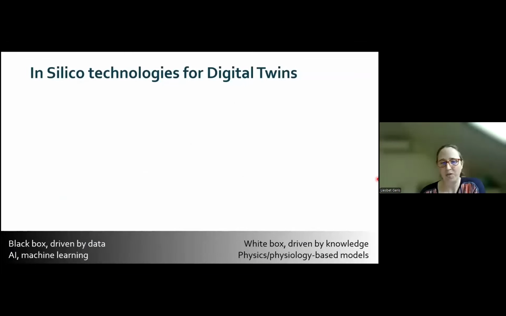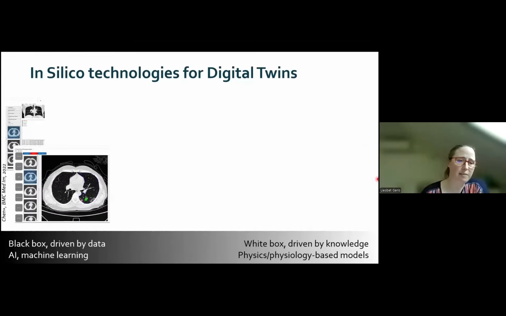Now, I already mentioned AI, and I mentioned also other technologies. Just to make a point here, in silico technologies are a spectrum. They can go from really data-driven black box models, that's the classical AI machine learning, all the way to white box models that are driven by physics. If we take an example, you can use AI models to identify abnormal shapes, to look for tumors in lungs.